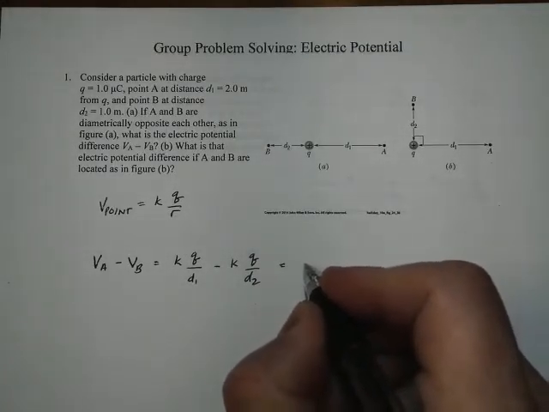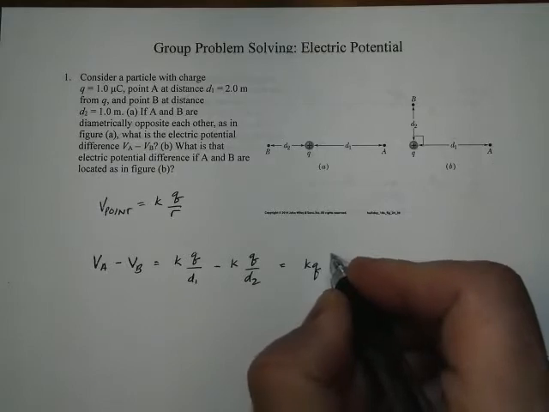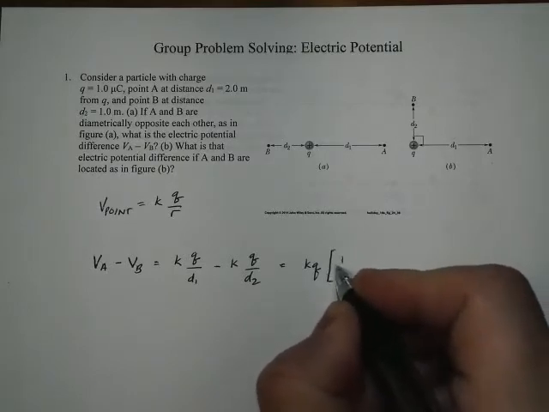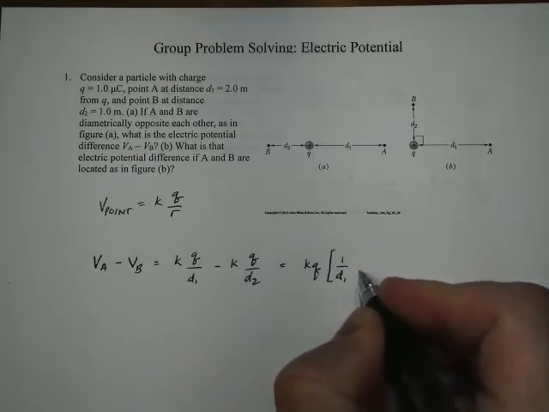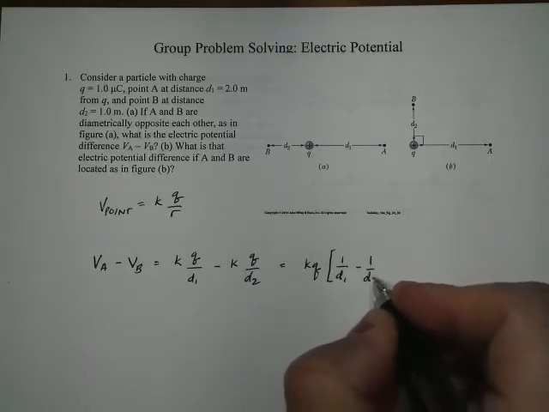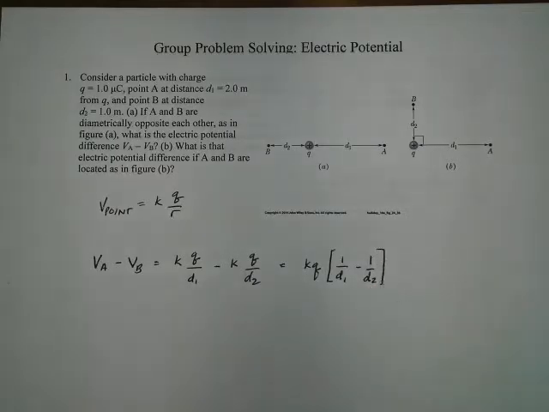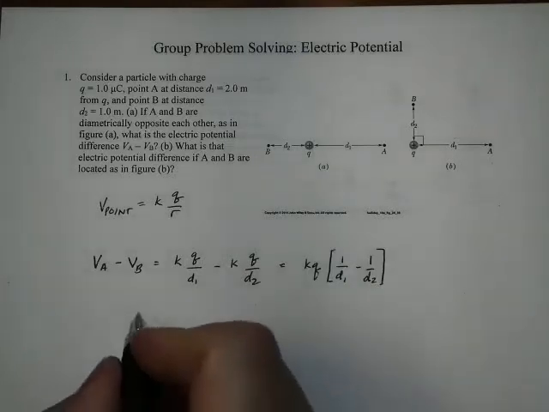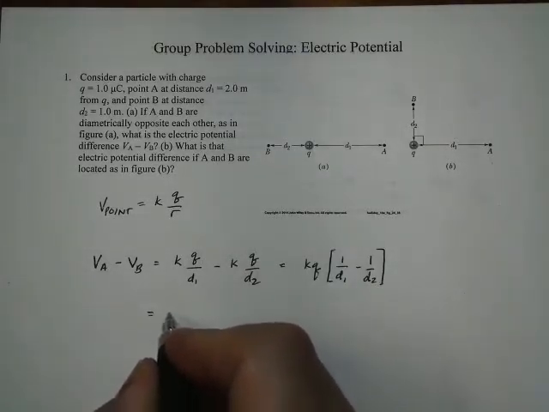We can factor K and Q out of that, and we're left with 1 over D1 minus 1 over D2 in the parentheses. And then we can go ahead and plug in numbers to solve for that.